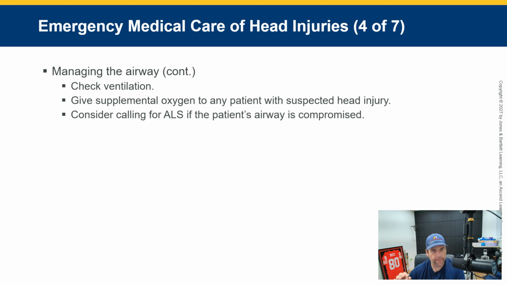If respirations are too slow or too shallow, that's when you're going to assist with a bag mask device, or if they're breathing too fast. Depending on your textbook, I believe ours says greater than 28 or less than 8, might be 10, you're going to start bagging the patient.